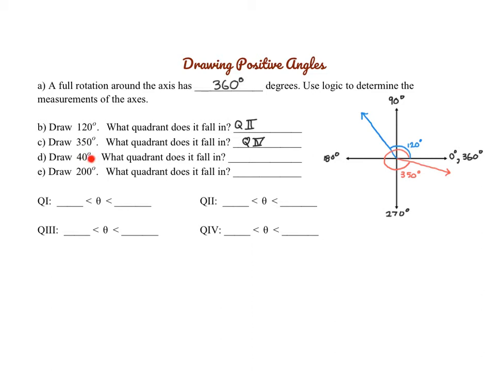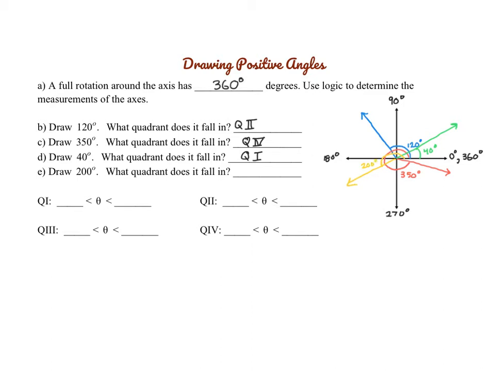All right, now let's draw 40 degrees. 40 degrees is between 0 and 90, so it's going to be in quadrant 1. So maybe it looks something like this. 40 degrees, quadrant 1. And then let's try 200 degrees. That's between 180 and 270, so maybe right around here. And we could draw our little arc and then label it 200 degrees.